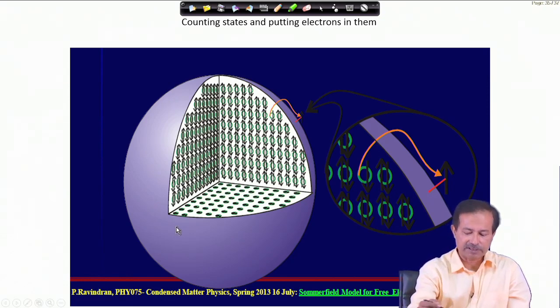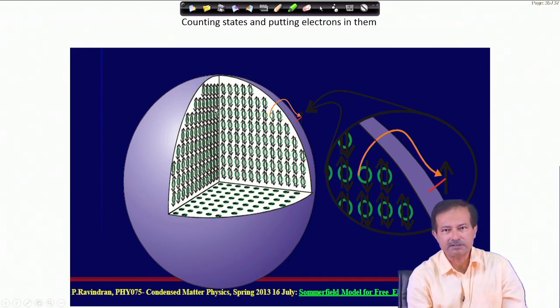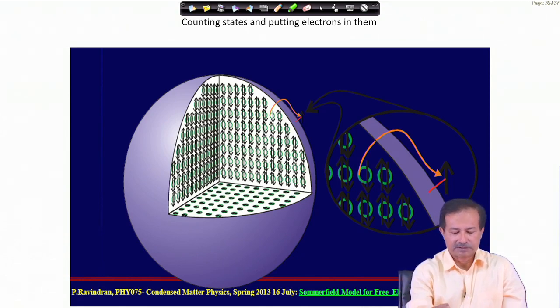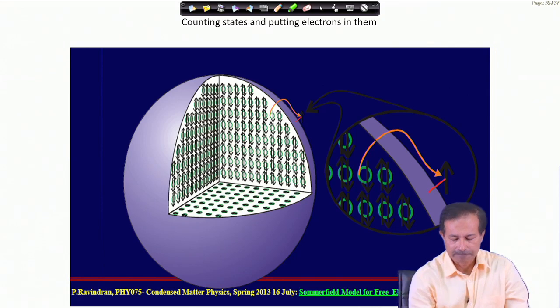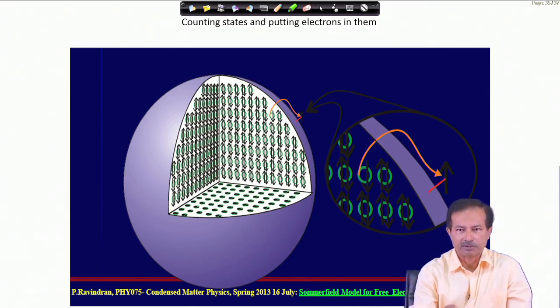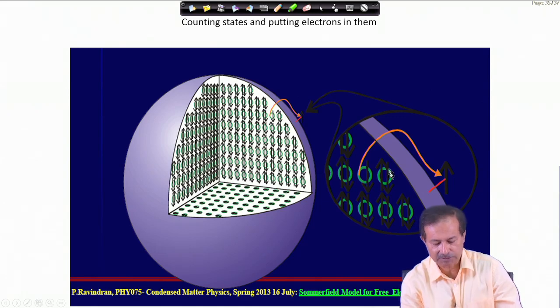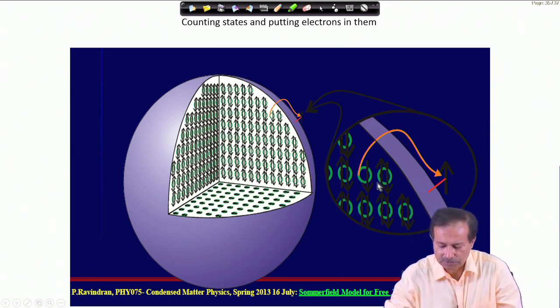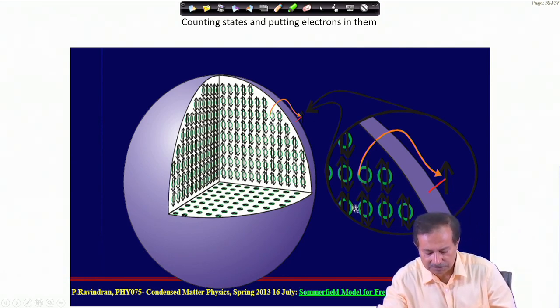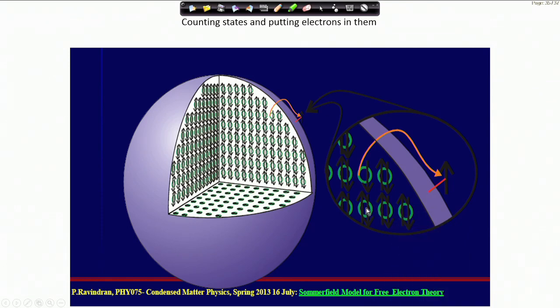So, this is the sphere in k space that is the last occupied surface, and that, as I said, is called the Fermi surface. It separates the unoccupied states, which are outside this sphere, from the occupied states inside the sphere. That is the sphere of last occupancy. This one shows how each of these green circles contains 2 electrons.